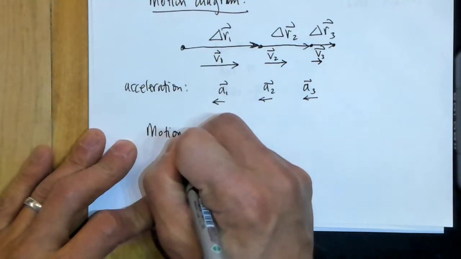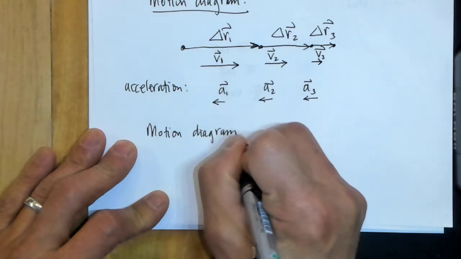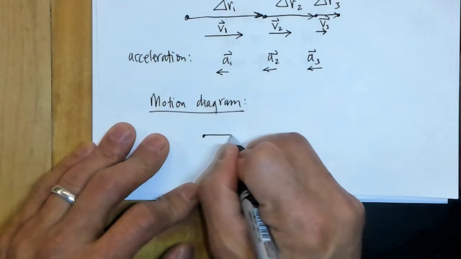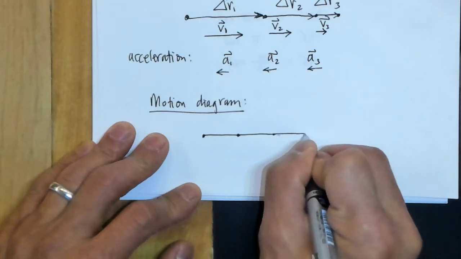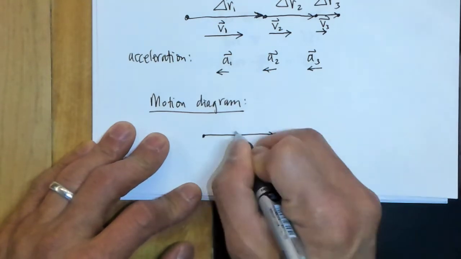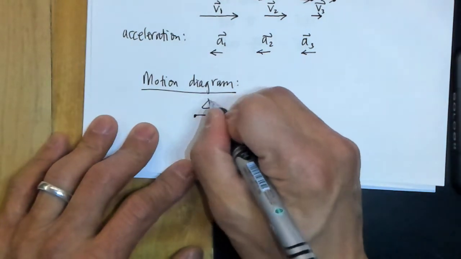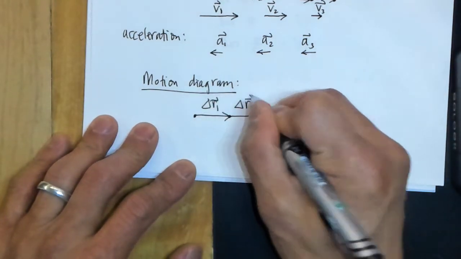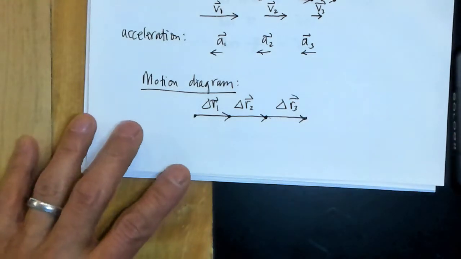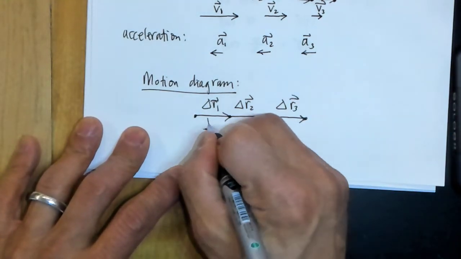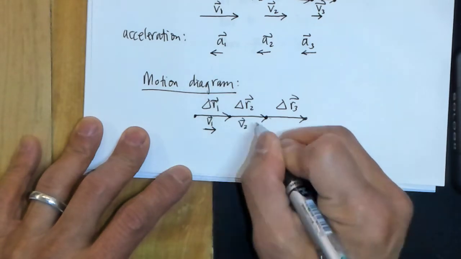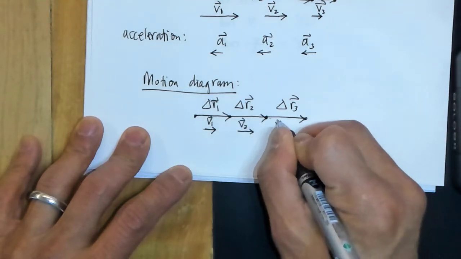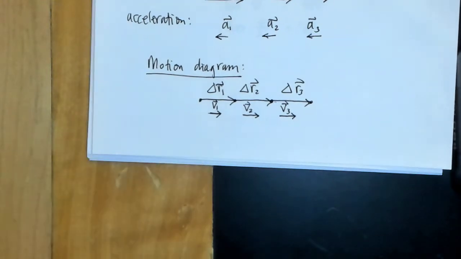So if we have the motion diagram for completeness, if we have evenly spaced delta R1, delta R2, delta R3, then these velocities would be the same, v1, v2, v3, right? Because they're all the same size for the delta r's, so the v's will be delta r over delta t, they'll all be the same size.